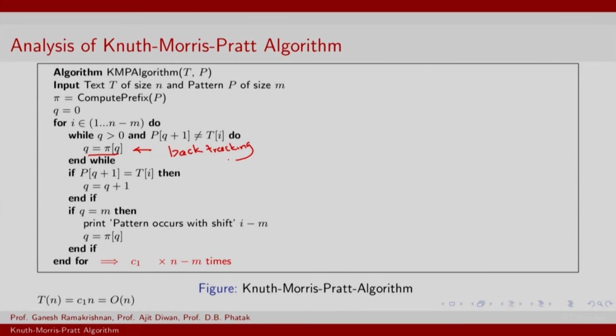However, one can show that the number of backtrackings is going to be upper bounded by the length of the pattern itself. For the details, you can read the proof in CLR, the section on the Knuth Morris Pratt algorithm. So the overall runtime is basically order n. Thank you.